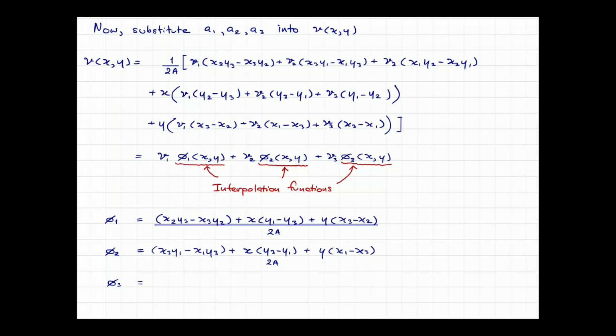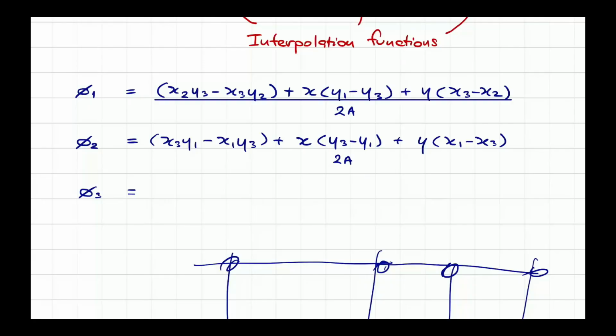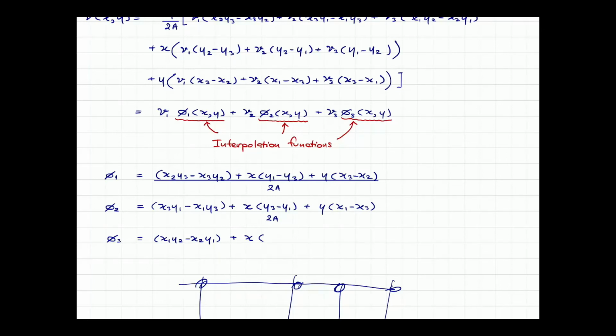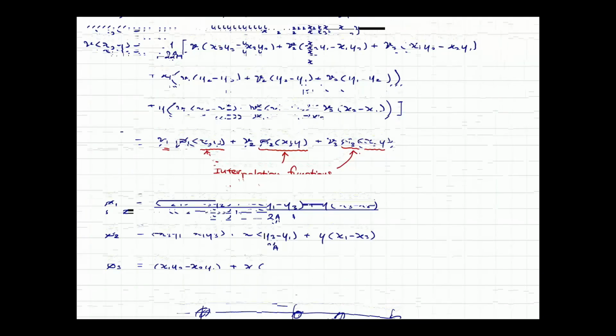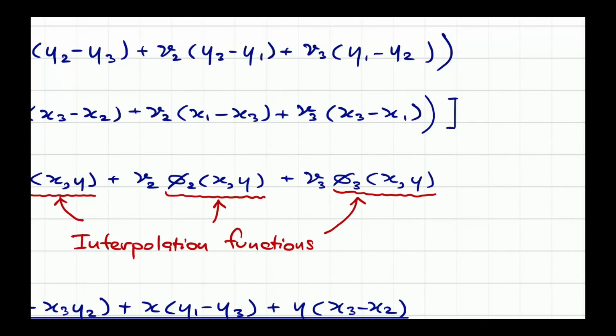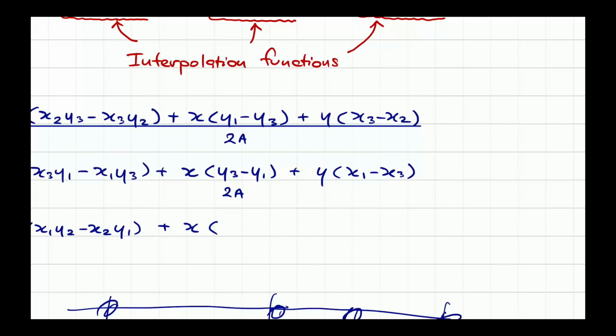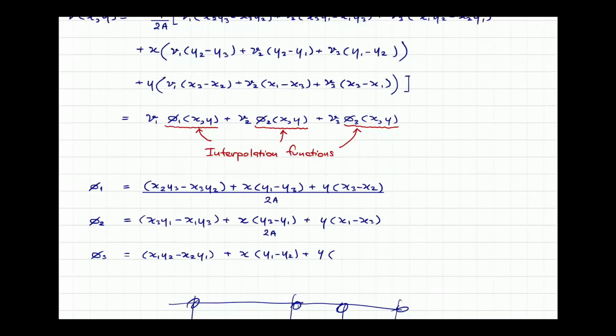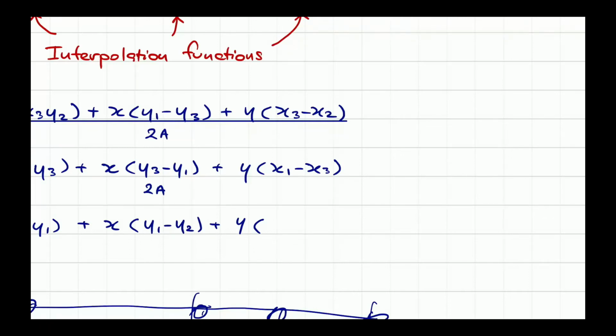The third one, x1 y2 minus x2 y1 plus x times y1 minus y2, right? y1 minus y2, yes. And plus y times x3 minus x1. Why?